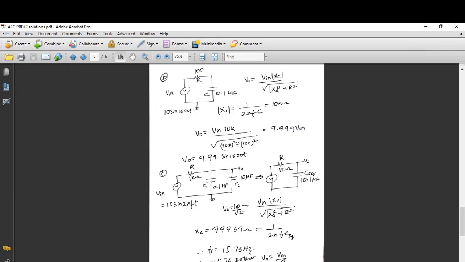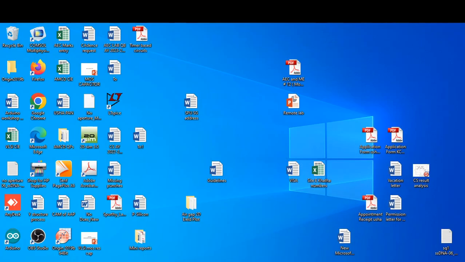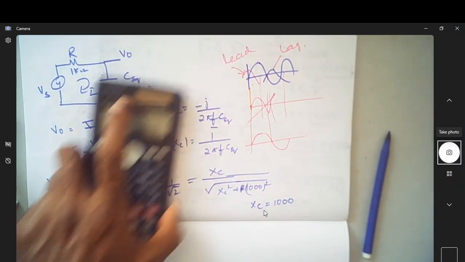Why is it not exactly 1000? Because while substituting this 10 by root 2, I slightly approximated it as 7.07. I didn't put all the decimals, so that's why it is coming out as 999.69. But if you write it as 1 over root 2 in full, you will get it as 1000. So XC is 1000.